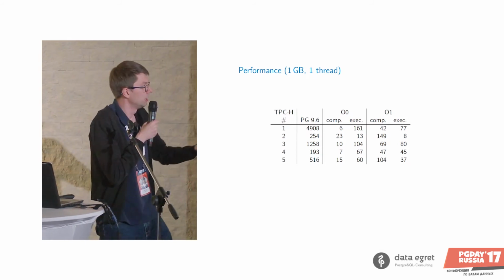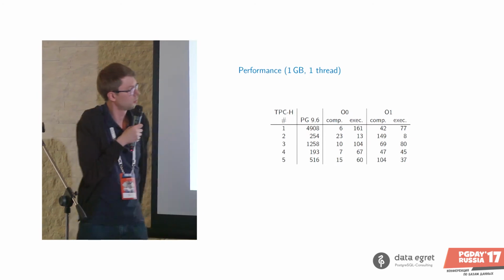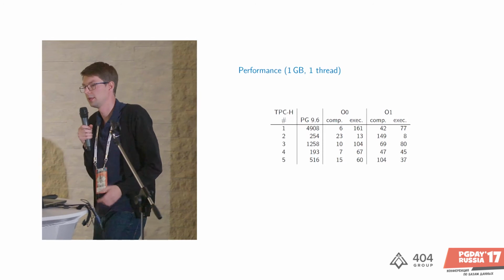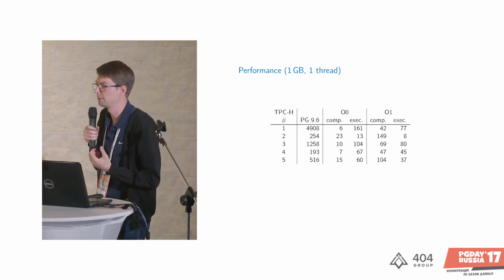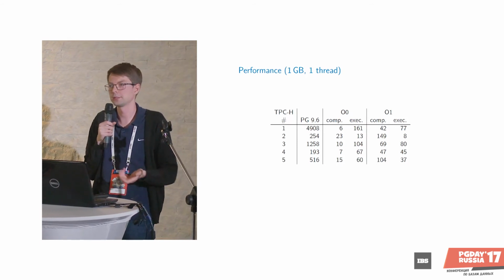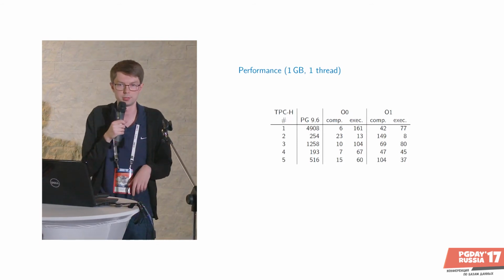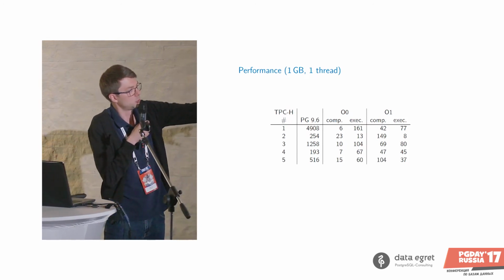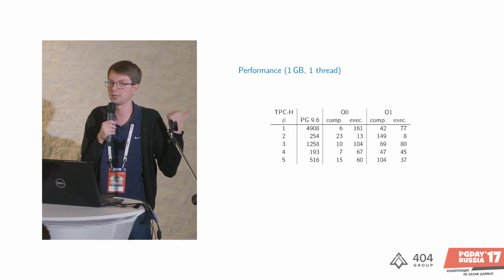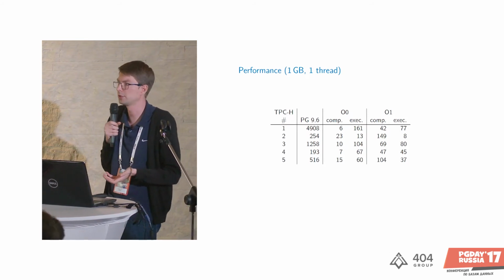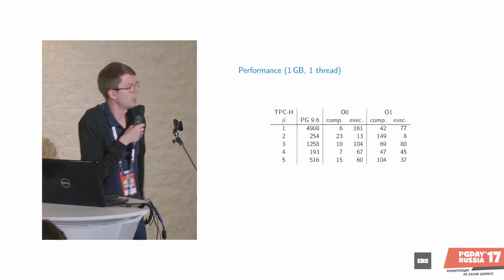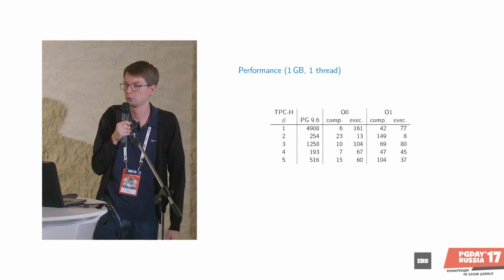These 2 columns are our HyPer, basically, and one says O0 and one says O1, and the difference is the optimization levels of the backend, right? It's like a C++ compiler, you have different optimization settings. I have 2 columns here. I have compilation time to generate the machine code, because that's an extra phase that we have, and for fairness, if you generate machine code, that also takes some time. These compilers take some time, right? And then you have the actual execution time, right?